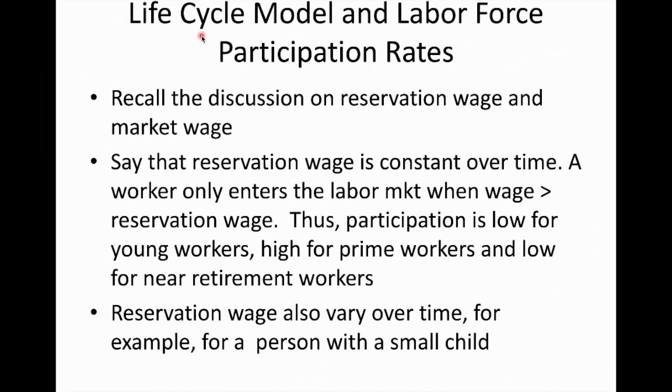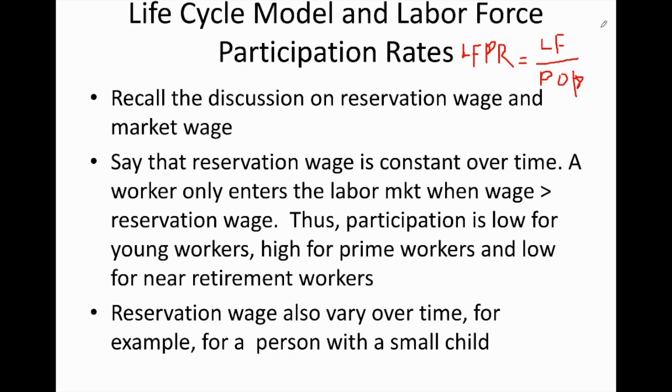Over here, we want to understand the effect of the life cycle model on the labor force participation rate. What is the labor force participation rate? The labor force participation rate is given by the level of the labor force in the economy divided by the working age population.